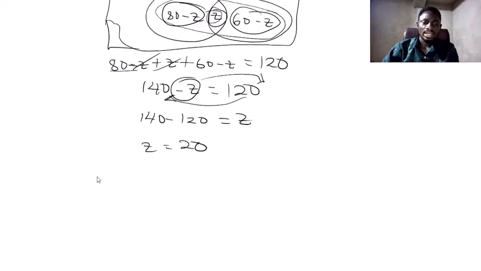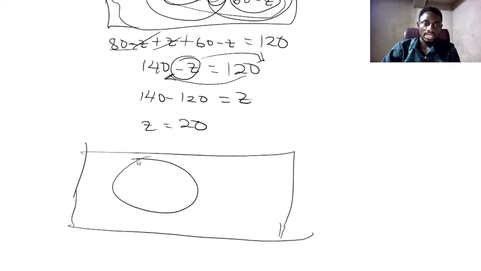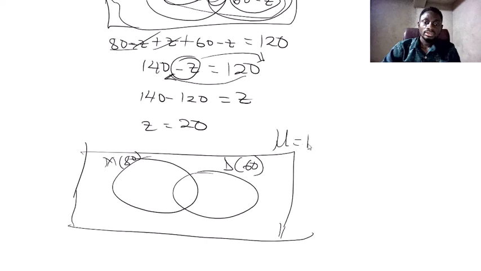Now let's draw the Venn diagram again. So here is music, which is 80, and here is dance, which is 60, and the number of students in the class is 120. So the number of students who like both music and dance is 20.